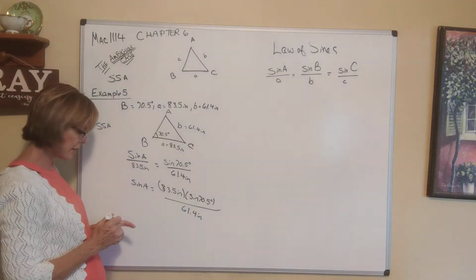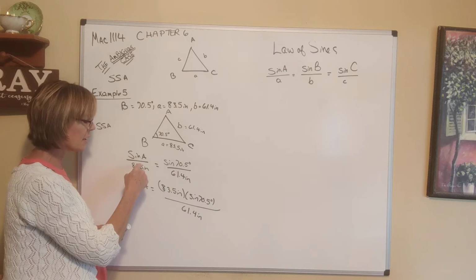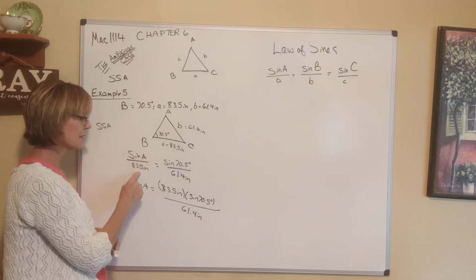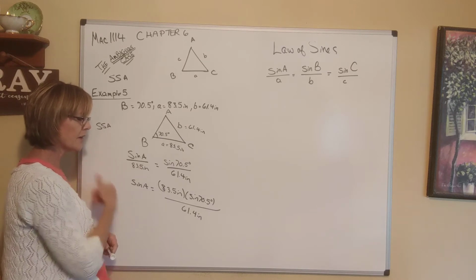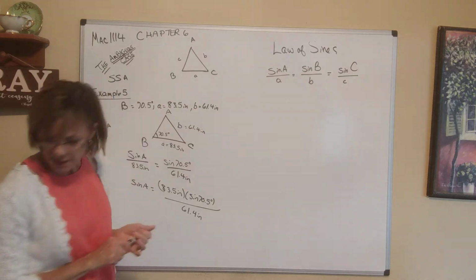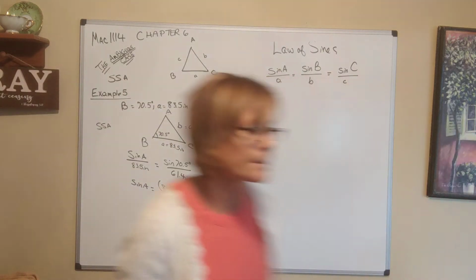And all I did right there was cross multiply, and I got that 61.4 times this is equal to this times this. Then to get sine of A by itself, I divided both sides by 61.4. So to find the angle A, again, I'll take the inverse sine.